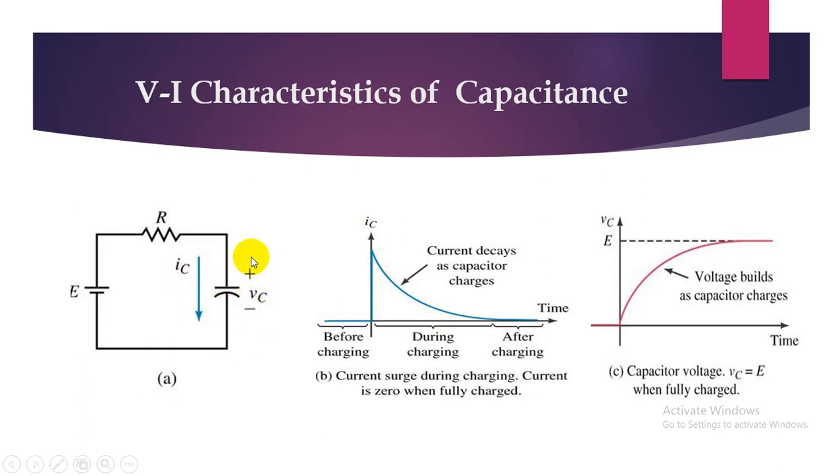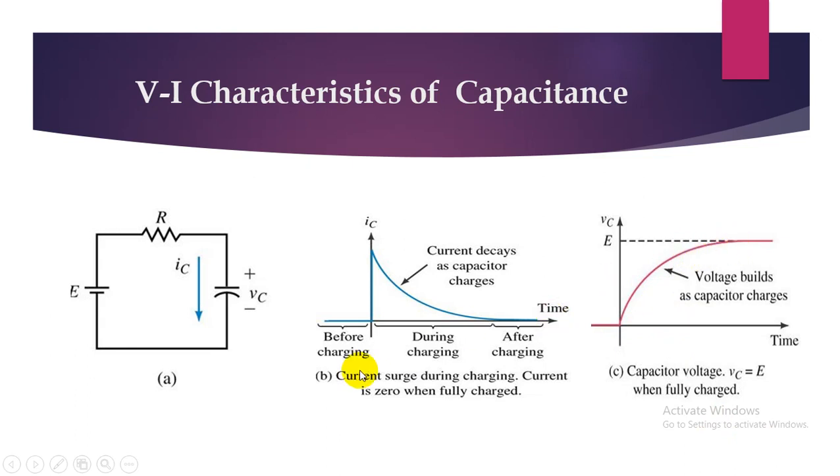There is one capacitor, and maximum current is flowing through the capacitor. Initially it does not allow the sudden voltage to build up across it. Later on it builds up the voltage across it.